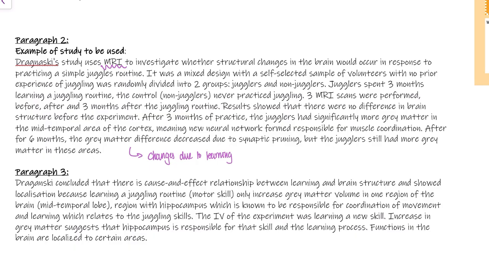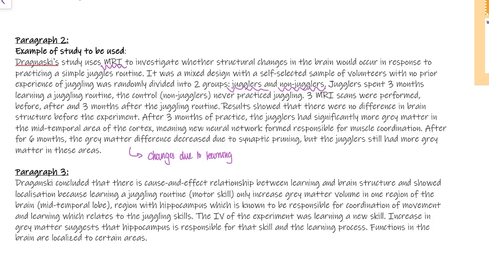It was a mixed design with a self-selected sample of volunteers that had no prior experience of juggling, and they were randomly divided into two groups, the jugglers and the non-jugglers. The jugglers spent 3 months learning a simple juggling routine, and the control group, the non-jugglers, never practiced juggling. Three MRIs were performed: before, after, and 3 months after the juggling routine.